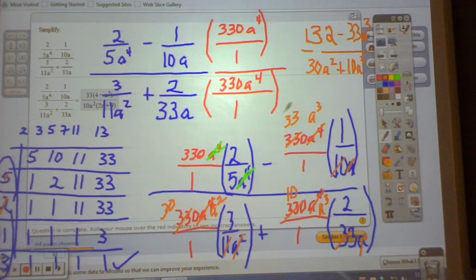And then 33 times 1, that comes out. And then this would be 30 times 3, which is 90. And then 10 times 2 is 20.